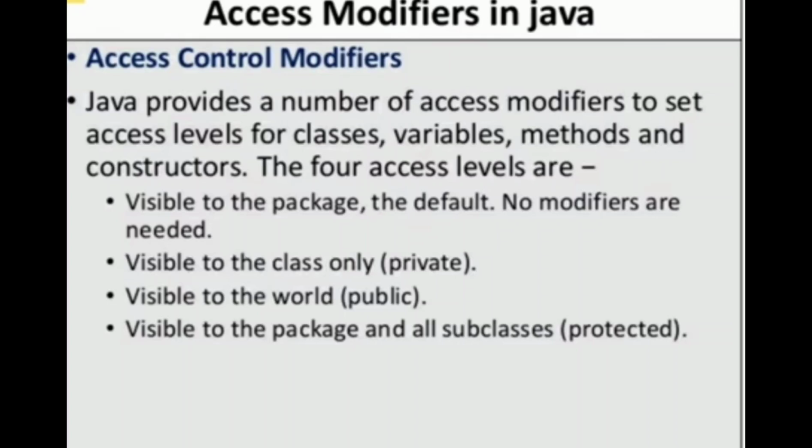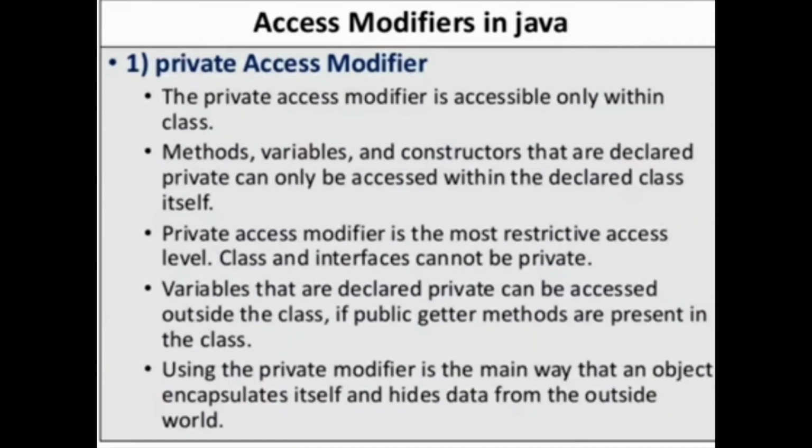First one is the private access modifier. The private access modifier is accessible only within the class. Methods, variables, and constructors that are declared private can only be accessed within the declared class itself. Private is the most restrictive access level.